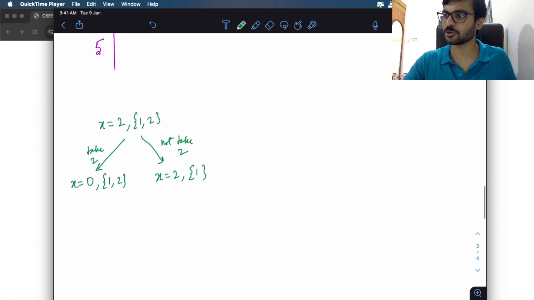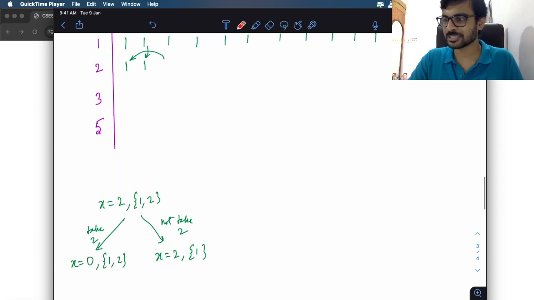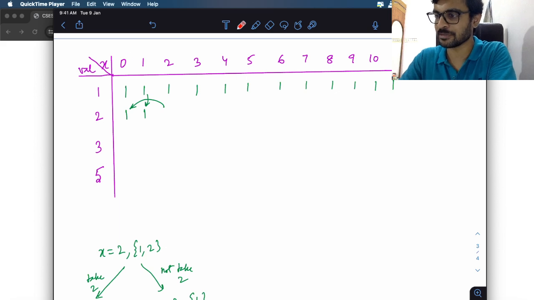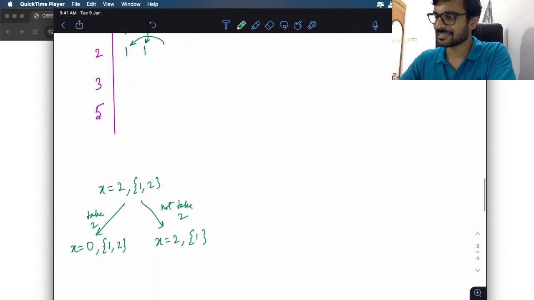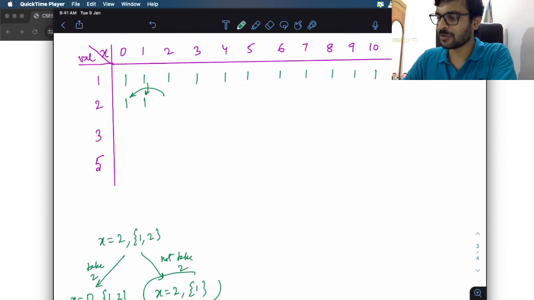So let us see where they should go. This one, 1 and 2, same choices, x equal to 0, so go to the 0th column, 1 to 2. And the other part is x equal to 2 but using only 1, so go above and take it from there.